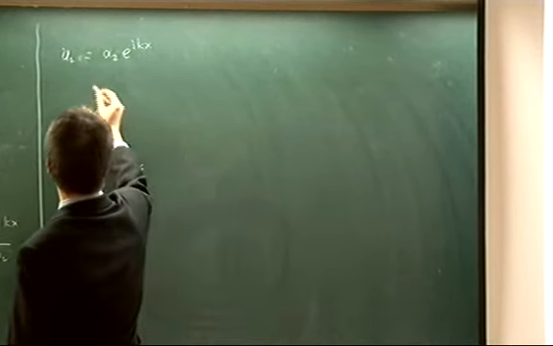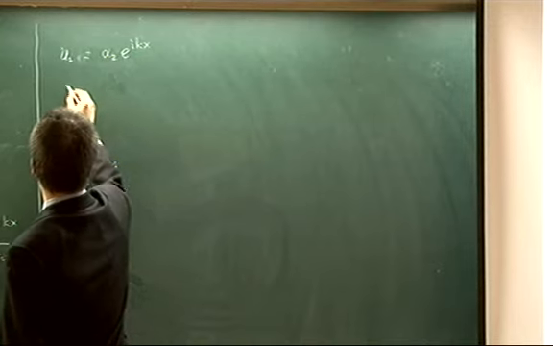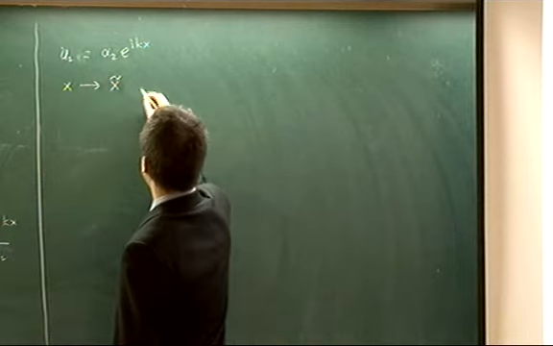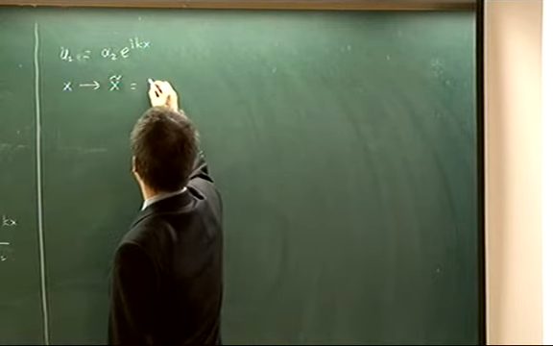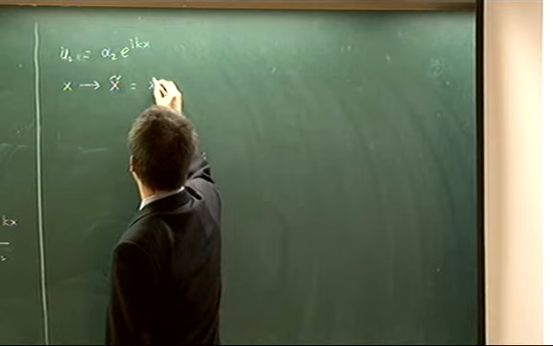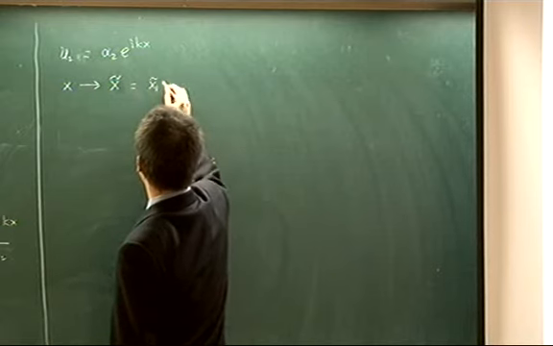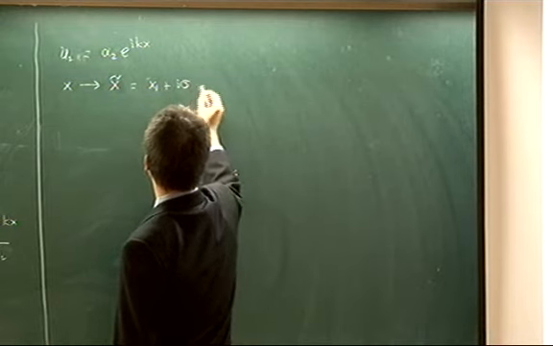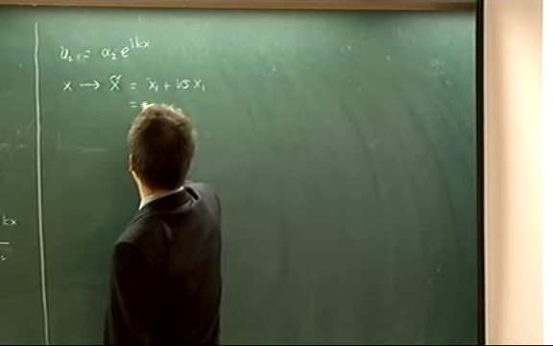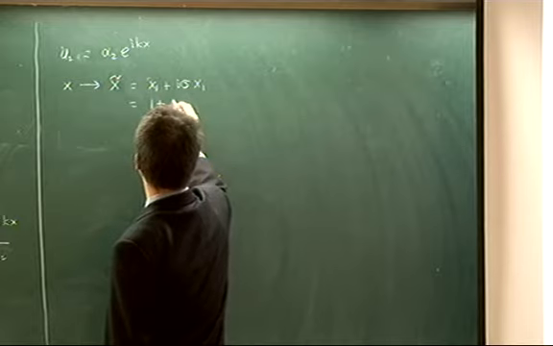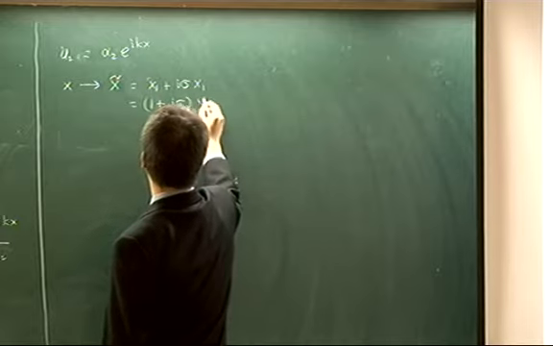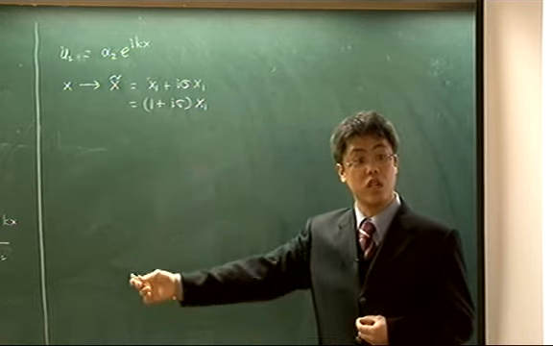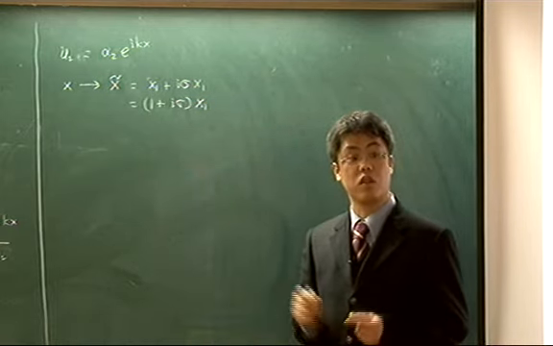But if you make a change of variable, x goes to x tilde, where x1 tilde is x1 plus i sigma x1, that means I have some kind of damping parameter, i sigma. If sigma is 0, that is just the given coordinate system, but sigma is non-zero in the PML layers.